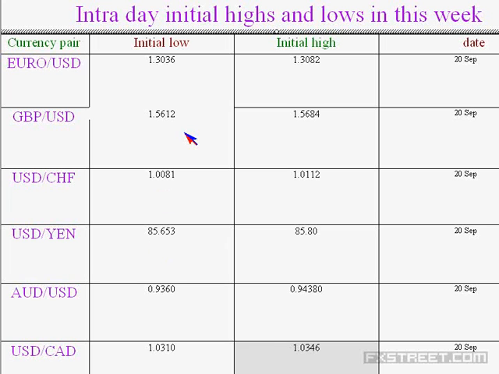And also in the case of GBP, you know that in order to create quick variation in the sentiments of the market, they make use of GBP. So there could be a quick move on the downside as well as on the upside in the case of GBP.